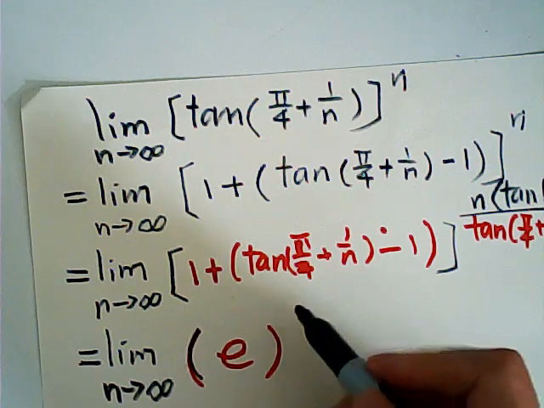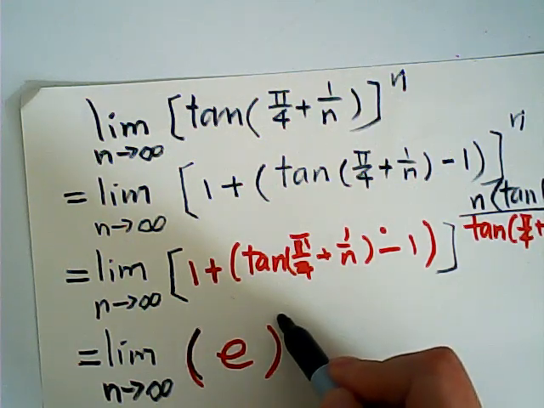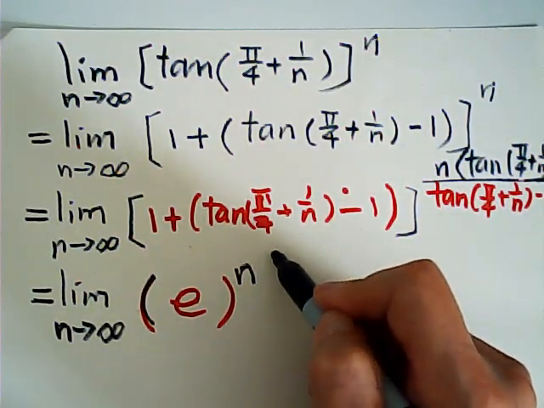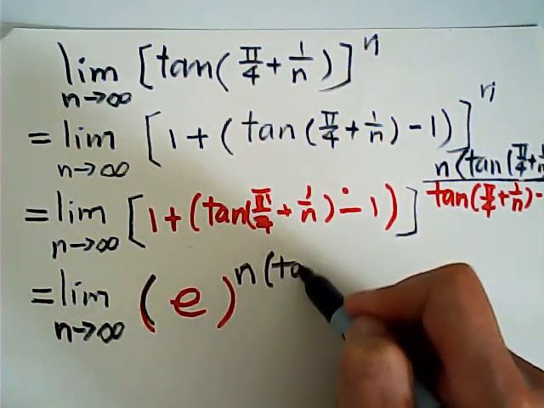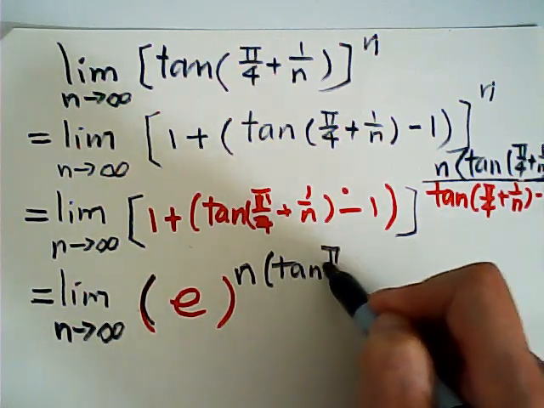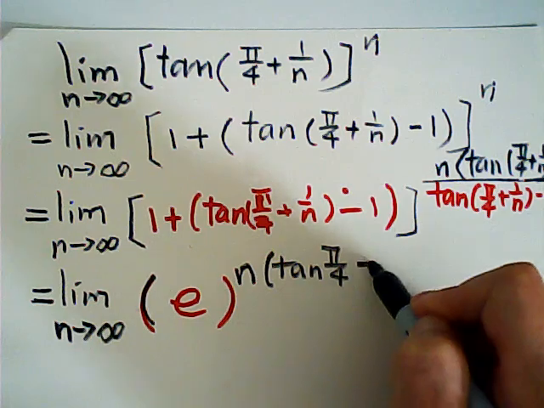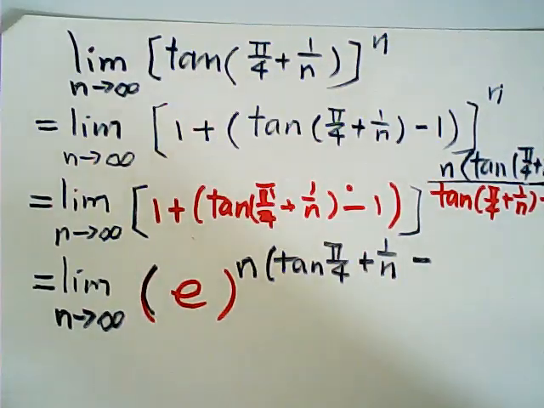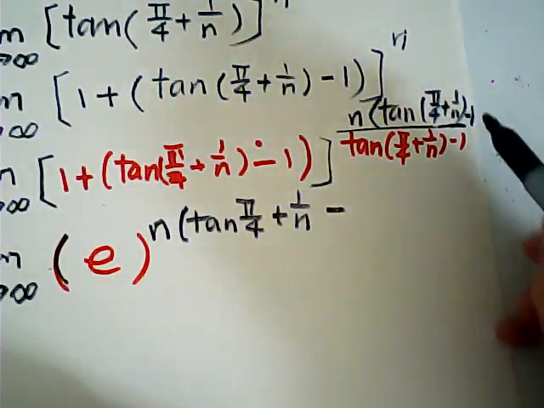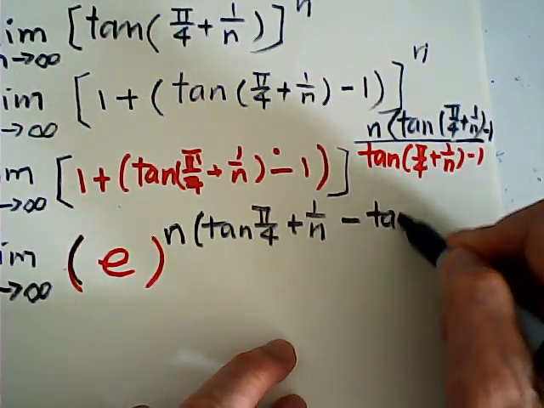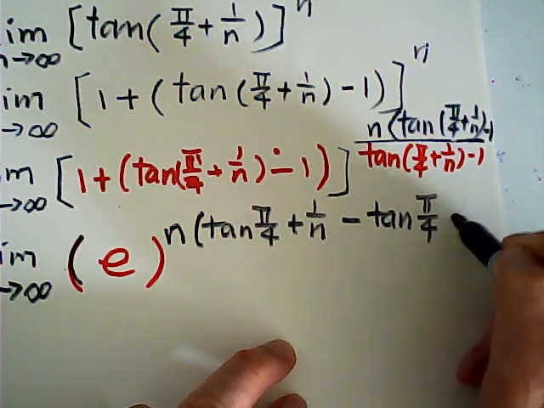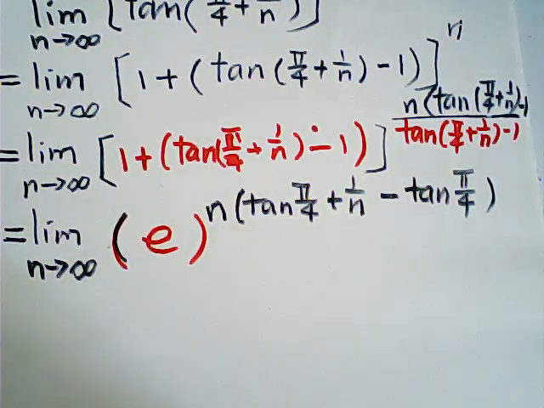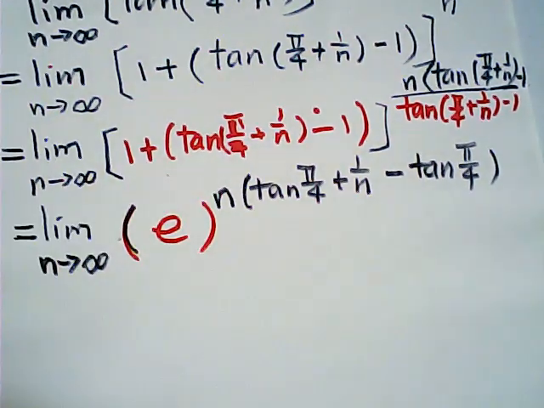And to the power of, this is gone, to the power of n times tangent of quarter pi plus 1 over n minus 1. 1 is tangent of quarter pi. Correct? Yeah.